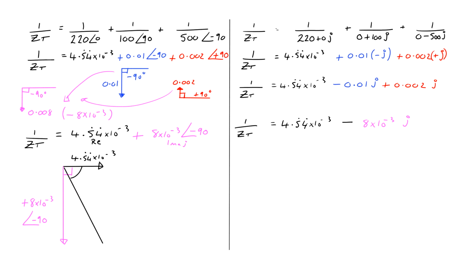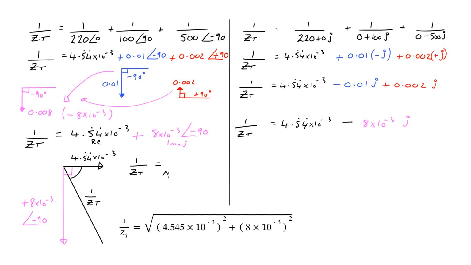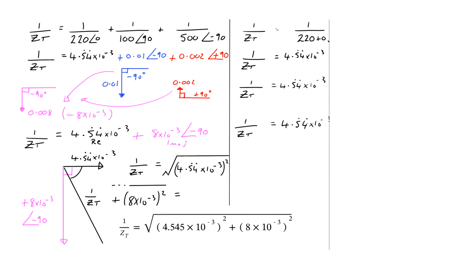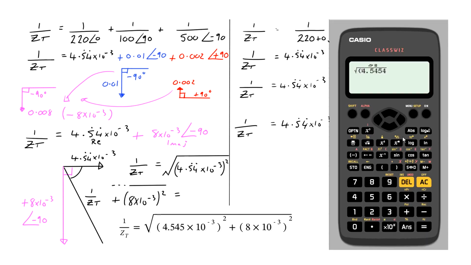To find 1 over ZT in terms of its real and imaginary, which is technically rectangular anyway, even though we were trying to use polar, we need to use Pythagoras, because we cannot add the real part to the imaginary part, because they're not on the same plane.